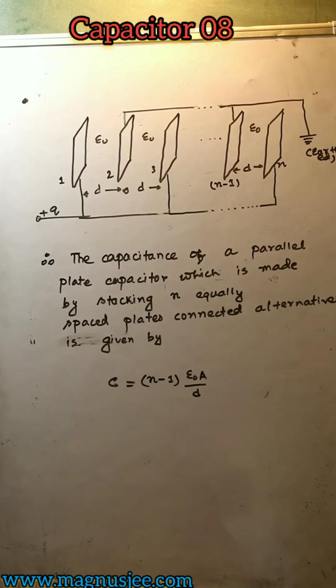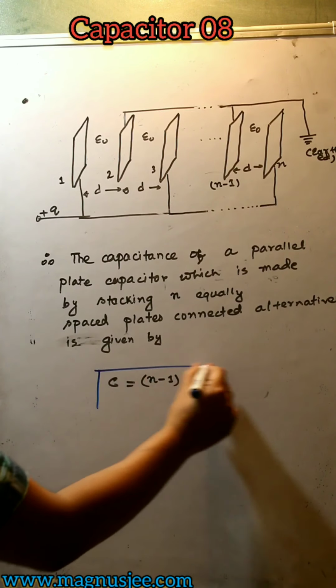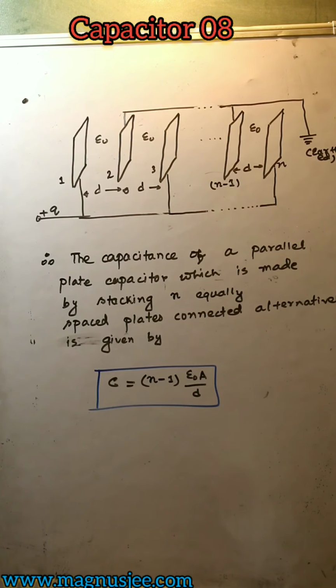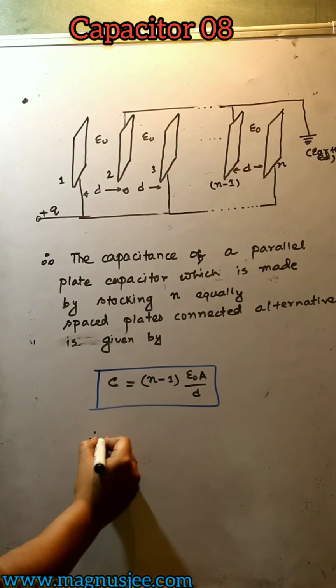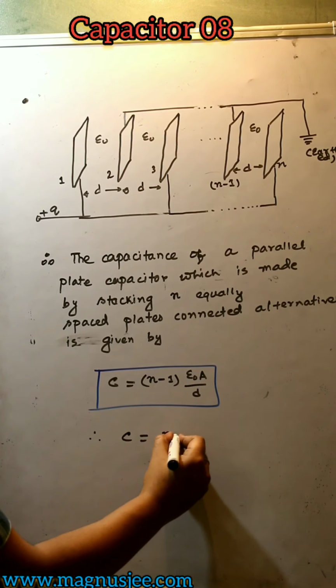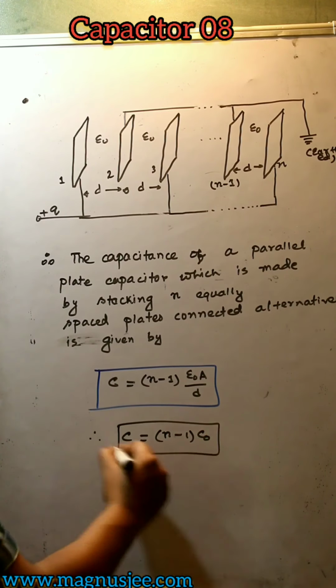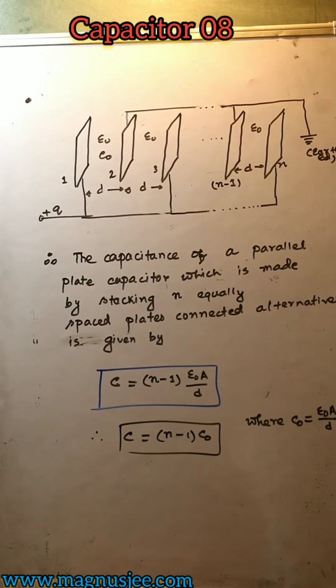Same as the parallel plate capacitor containing 5 plates, it was (5 minus 1) epsilon 0 A by D. Now for this type of parallel plate capacitor, C will be (n minus 1) into epsilon 0 A by D, or that is C equal to (n minus 1) into C0, where C0 is the capacitance of each capacitor.